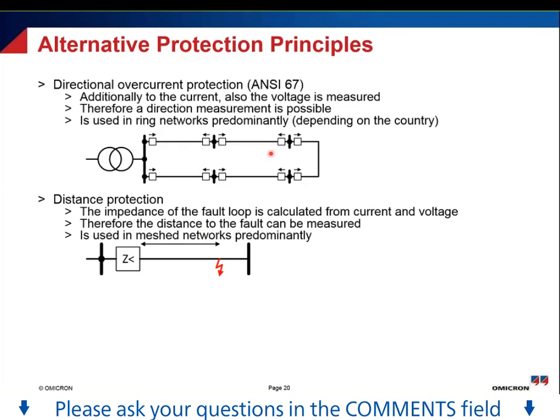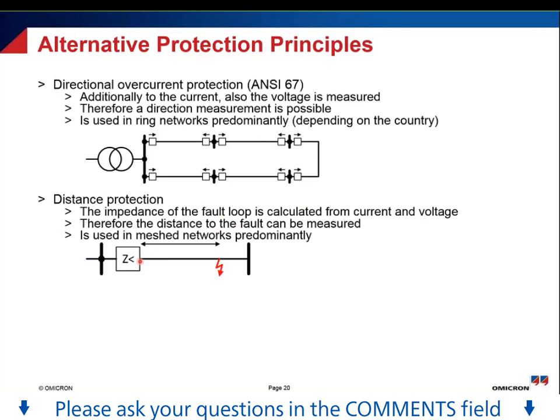Another alternative is the distance protection. For distance protection, we measure the voltage and the current once again, and out of this we can calculate the impedance of our fault loop. For example, this is my relay, and I can calculate the impedance of this fault loop here.